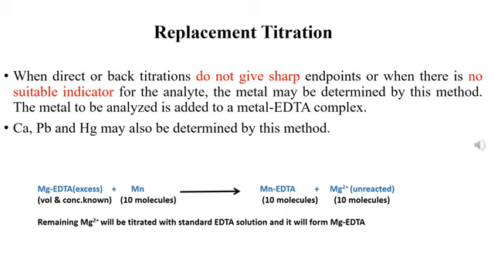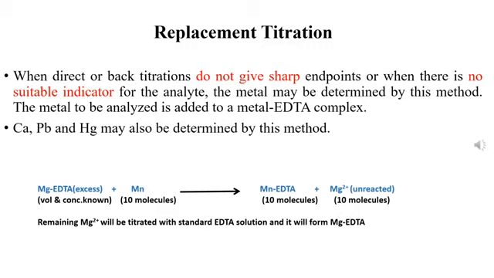For example, we say that 10 molecules of manganese reacted with EDTA, then it will replace 10 molecules of magnesium, and the manganese EDTA complex will form, and magnesium ions will be in unreacted form or in free form. So these free magnesium ions will also be 10 molecules, because these 10 molecules of manganese replace 10 molecules of magnesium. So this remaining magnesium will be titrated with standard EDTA solution.